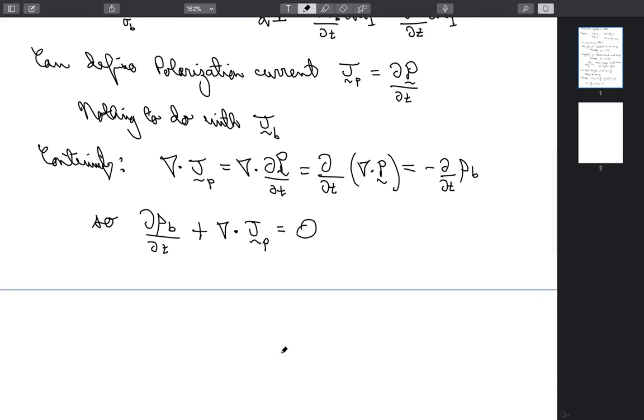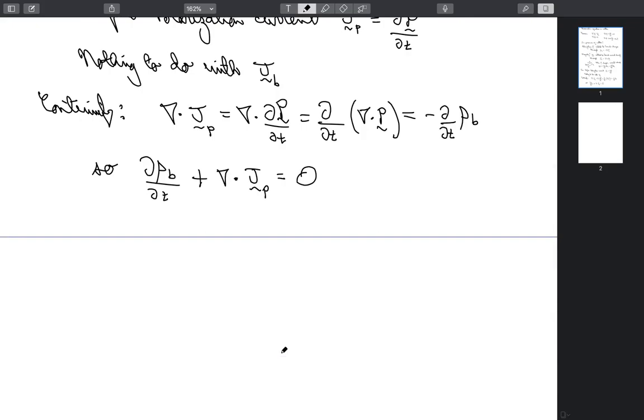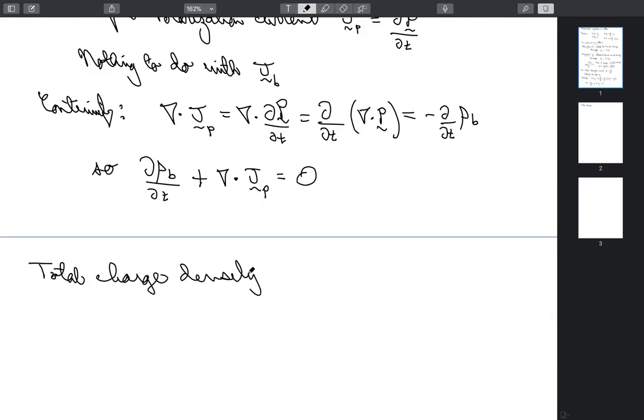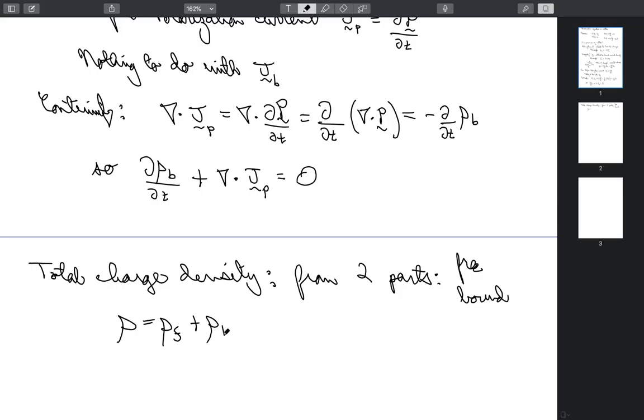So what does that mean? It means that really we can think of the total charge density as being from two different parts. There are the free and the bound parts. So the total rho is really just rho free plus rho bound.